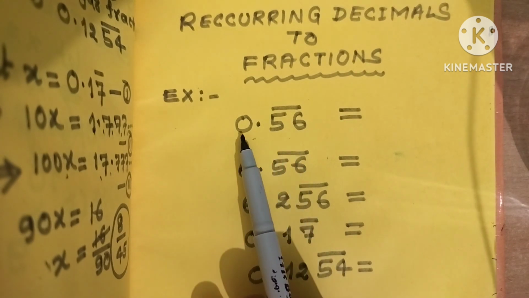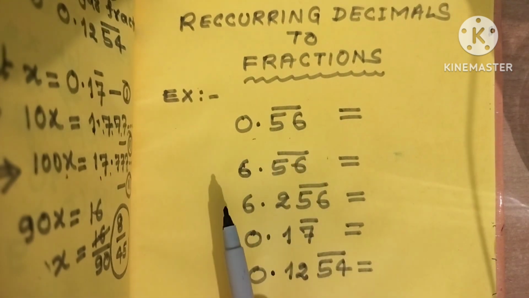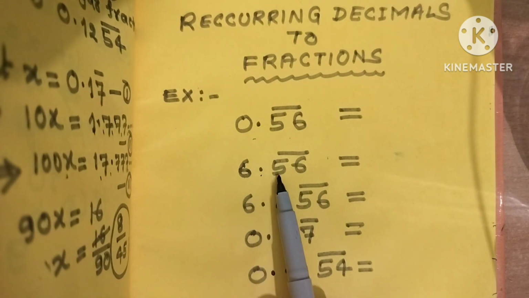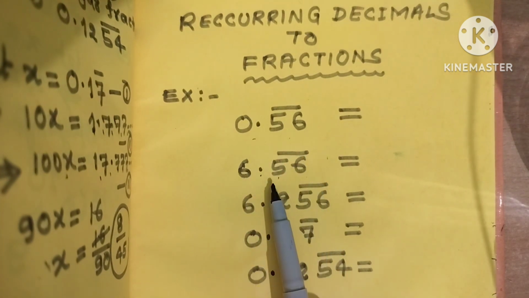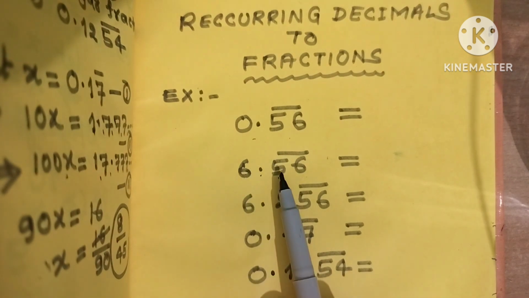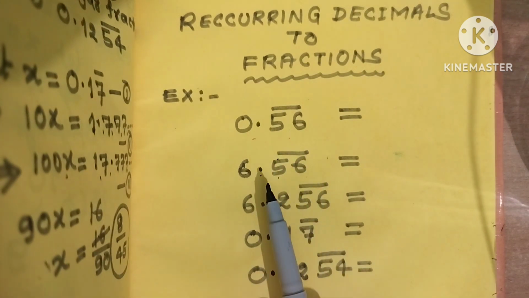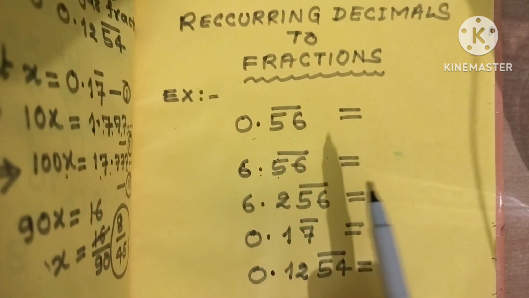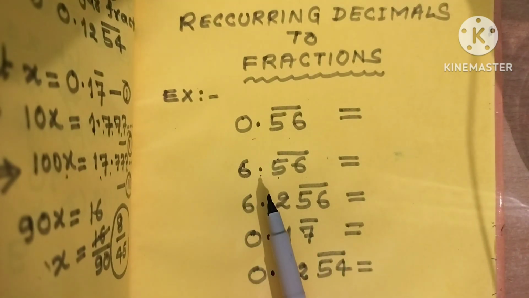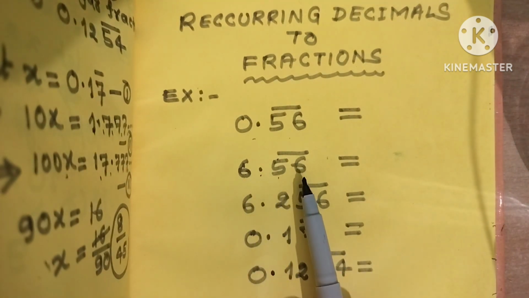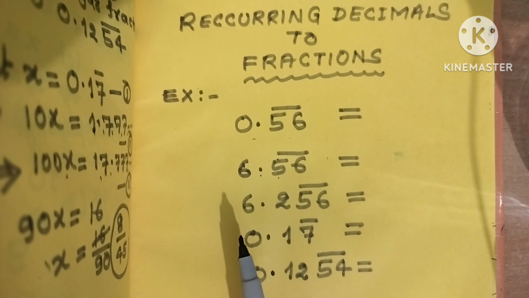That's why this is pure recurring decimal. 6.56 bar, here also just after decimal point digits are repeating. That's why this bar is given. So 565656 dot dot dot like this it will be coming. So this is also pure recurring decimals.